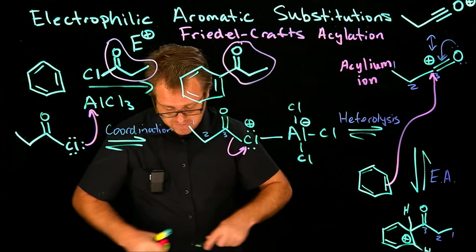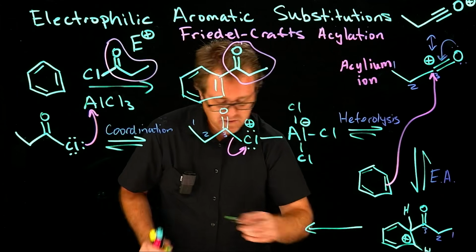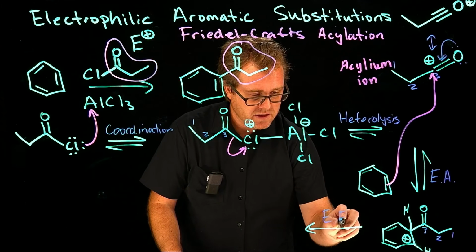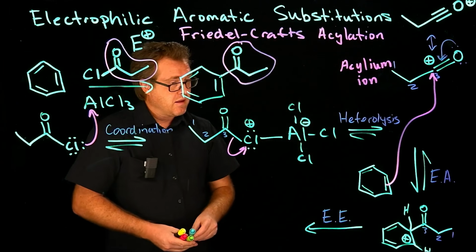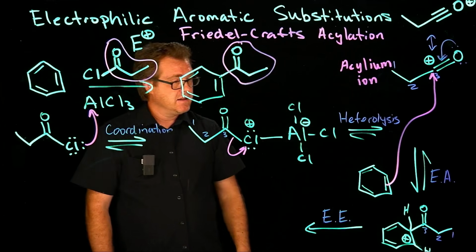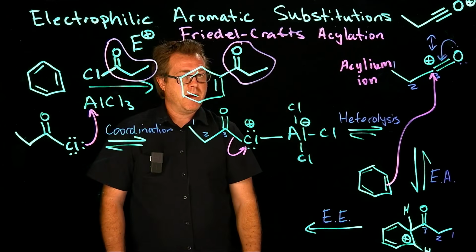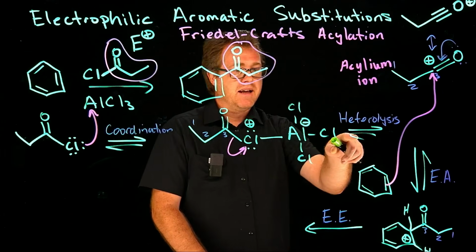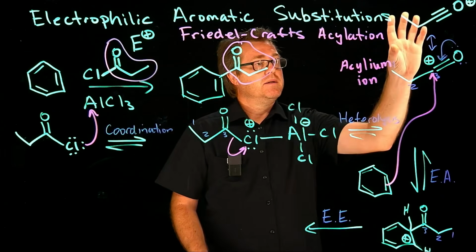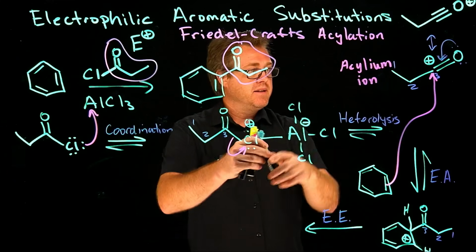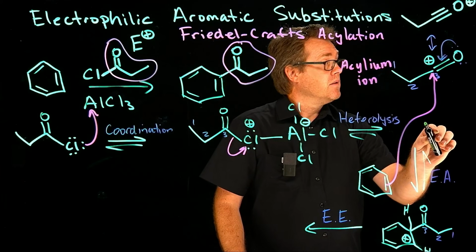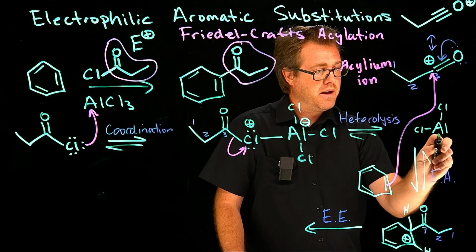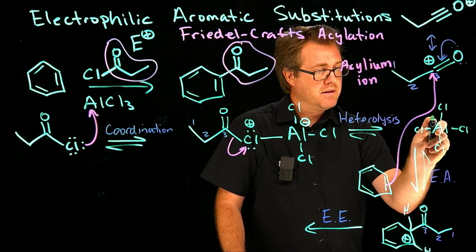So our next step is going to be irreversible. That would be our electrophile elimination. And so we need a base to abstract this proton. So where would our base be? Well, I forgot in this heterolysis step to draw one of those products. We have this piece still here. And so we have aluminum, chlorine, chlorine, and negatively charged aluminum.